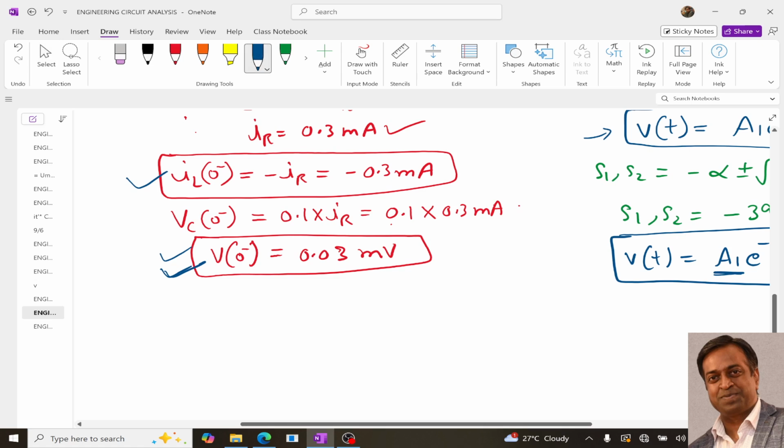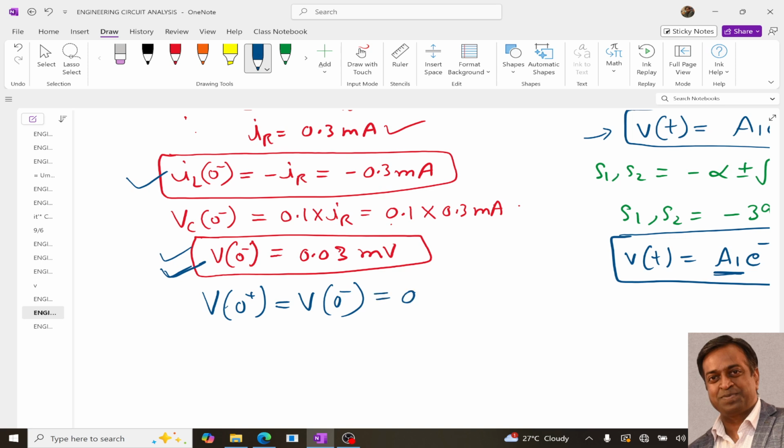And remember, the voltage across the capacitor at 0 minus will be the same at 0 plus also, because a capacitor tries not to change the voltage. So at 0 plus the voltage will be 0.03. Similarly, the inductor tries not to change the current, so the current at 0 plus will remain the same as whatever it is at 0 minus.